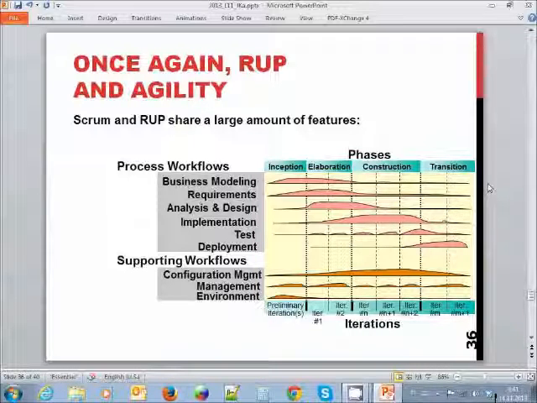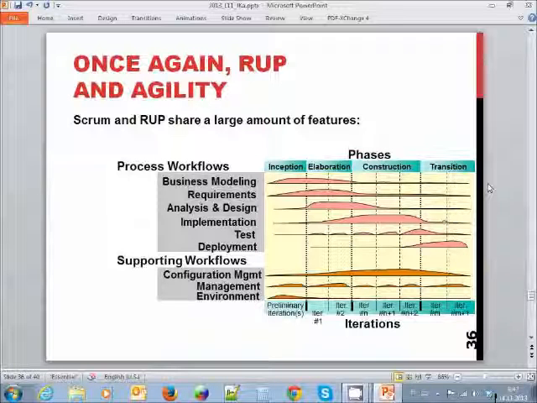So Scrum and Rational Unified Process are really close to each other. The inception and elaboration phases are probably quite identical, because Scrum doesn't have any ideology or definitions for collecting requirements. The construction flow is quite close as well.